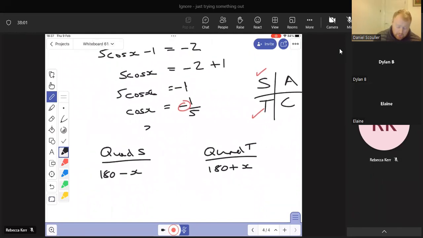So if I put that in my calculator, remembering to turn that into a positive to put it in my calculator, I'm going to spit out x equals shift cos, 78.5.